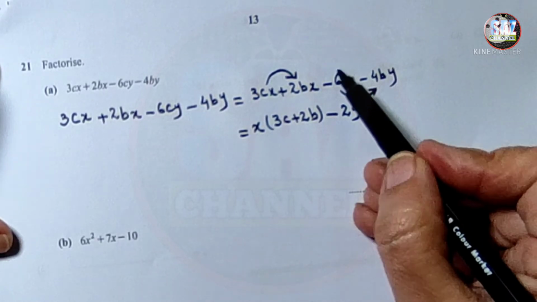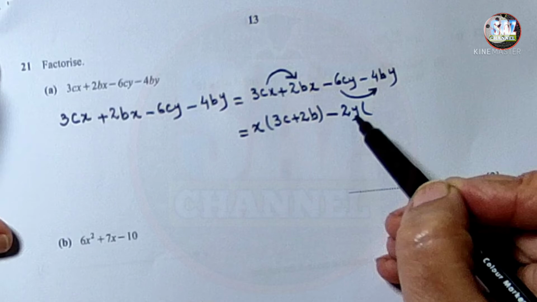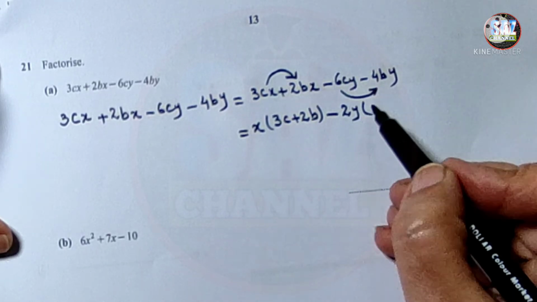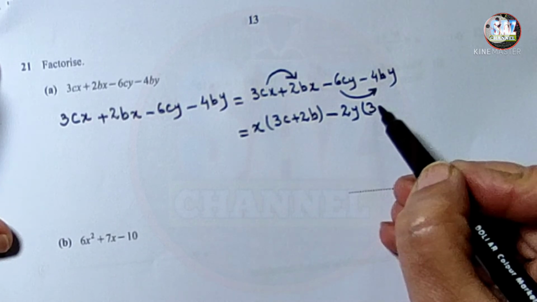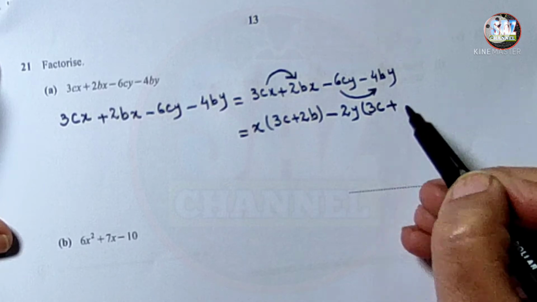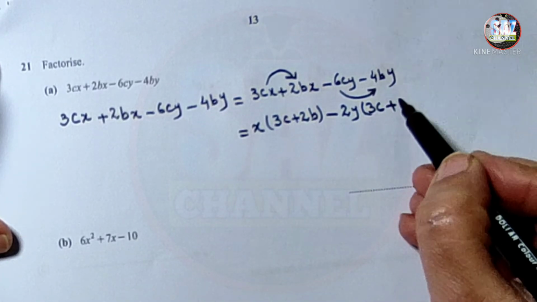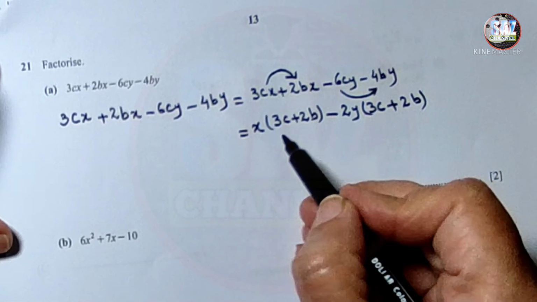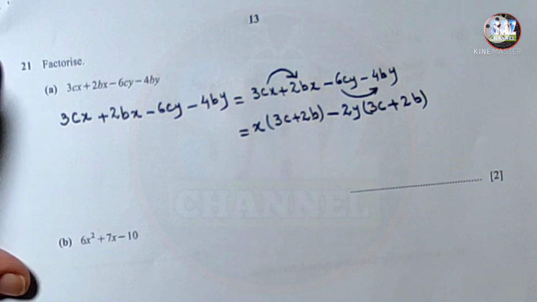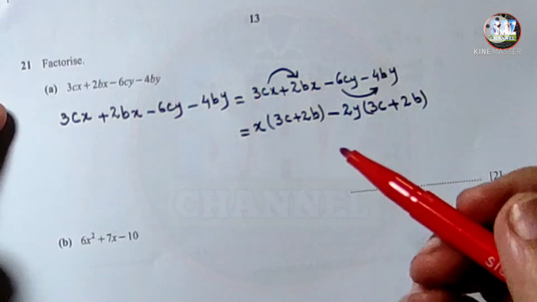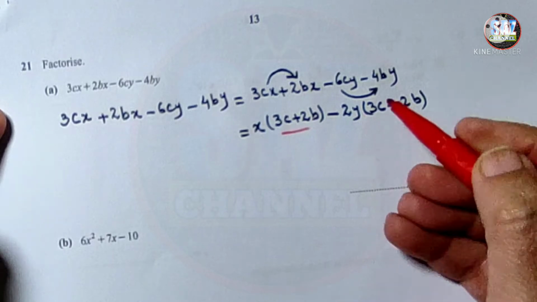Now look, from 6cy I have 2y outside, so inside the bracket I am left with 2. How many times is 6? That is 3, and c, and as the minus sign is out, so plus, and 2 how many times is 2, and y is out, 2b. Now see carefully that we have this group 3c + 2b, 3c + 2b.